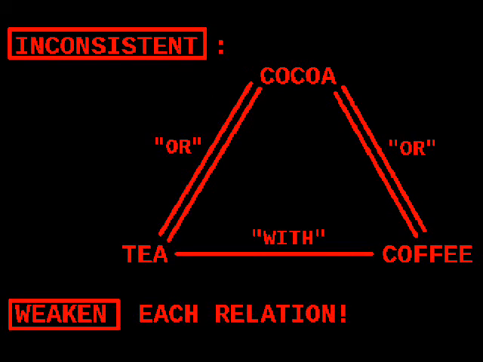And inconsistent is, of course, if you're having 2 ana connections and 1 weak connection, like tea or coffee or cacao, but tea with coffee. You'll have to weaken each relation. And once again, you can't simply go ahead and say, I know which is the wrong relation, it is tea with coffee. You know that only by looking at information outside of the triangle, which you are not allowed to. You can only say, this sort of relation is unacceptable.